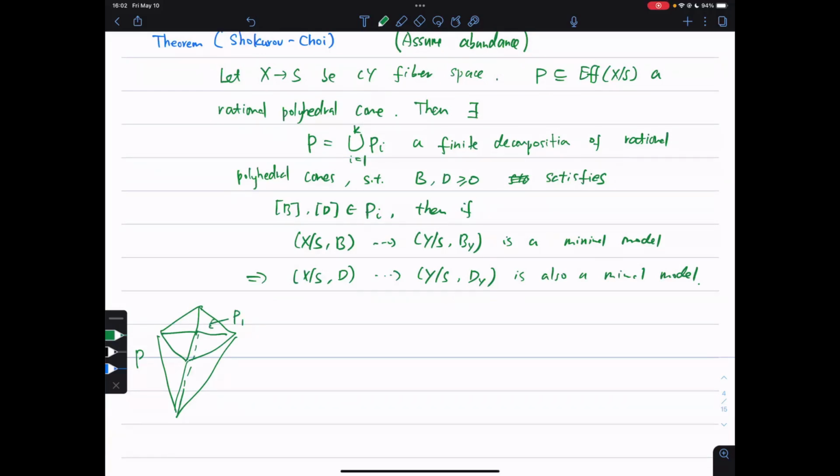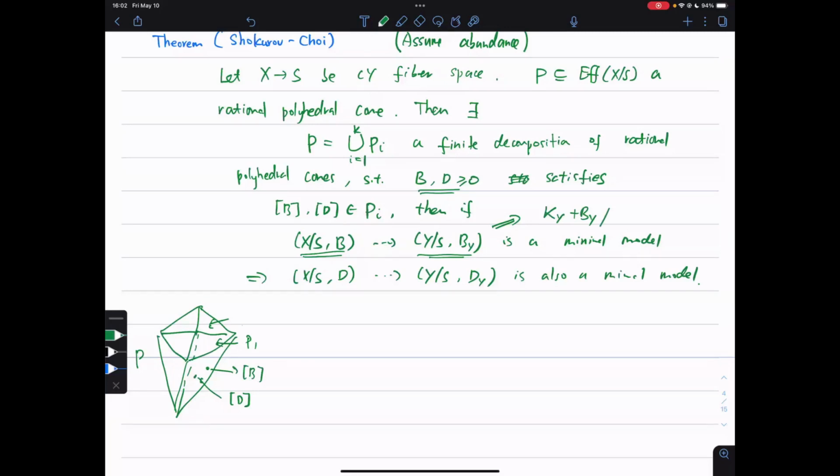The result is, if you can find two effective divisors living in the same cone, this is class B, class D, living in the same cone, and for example, for B you have a minimal model. That means K_Y plus B_Y is nef.